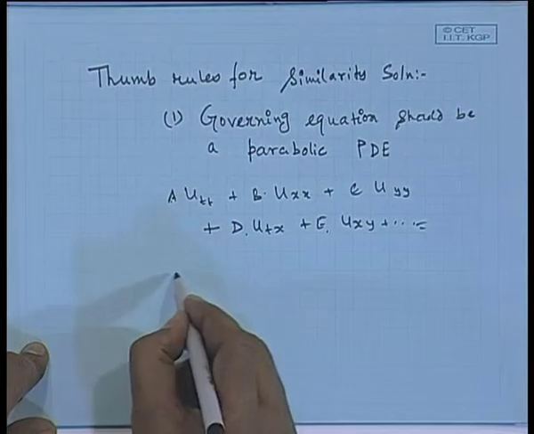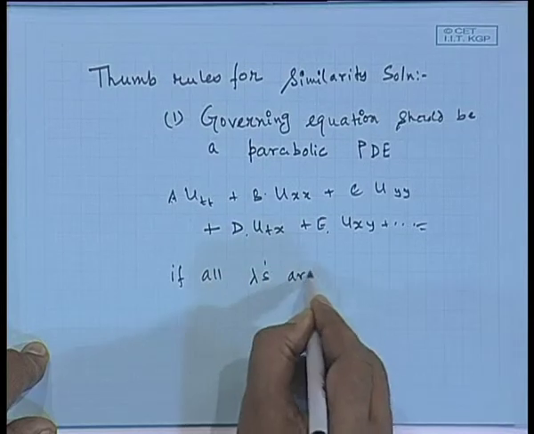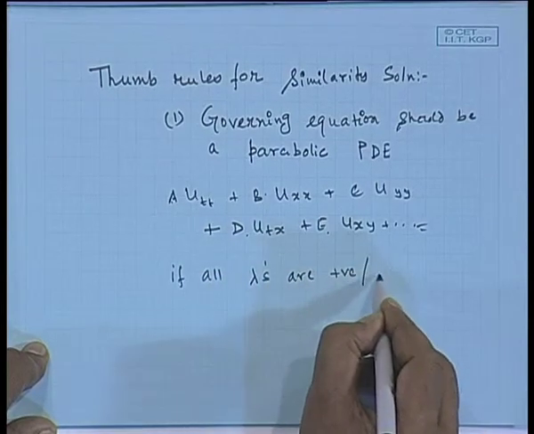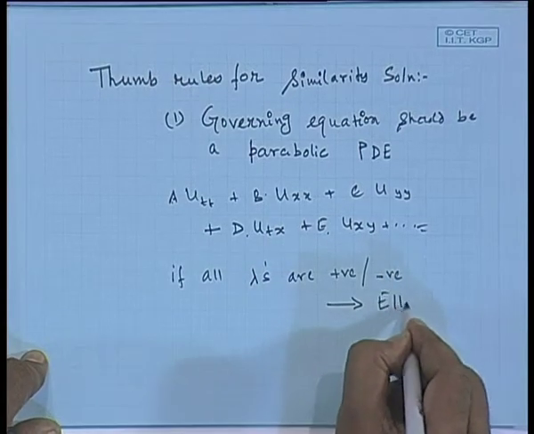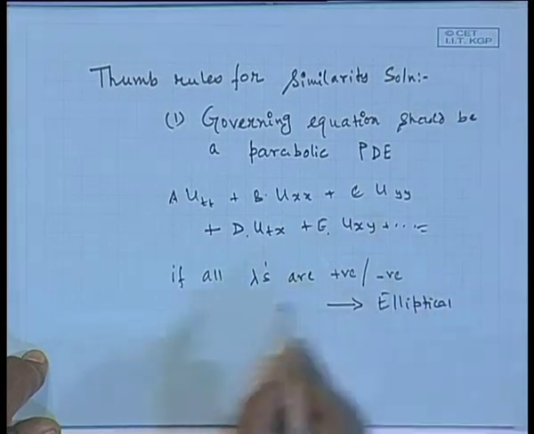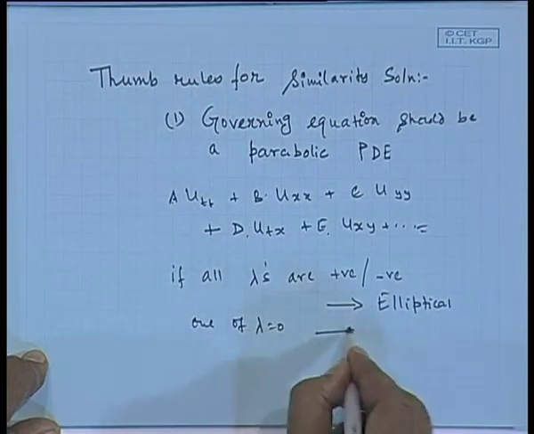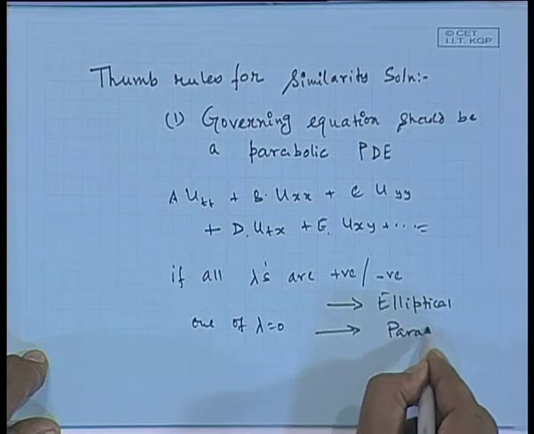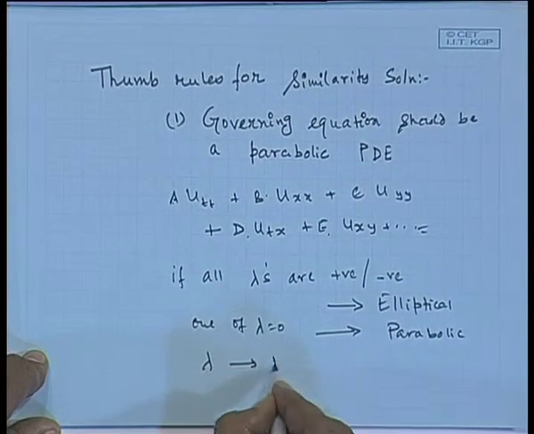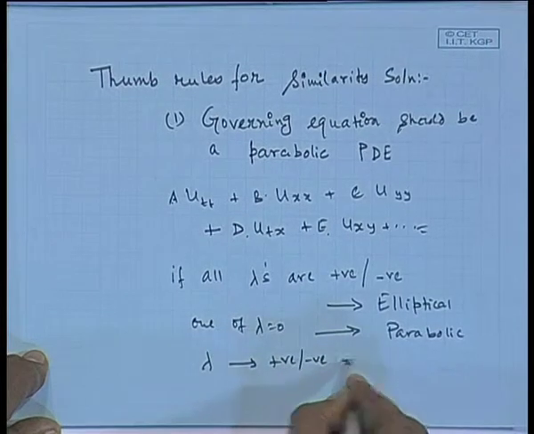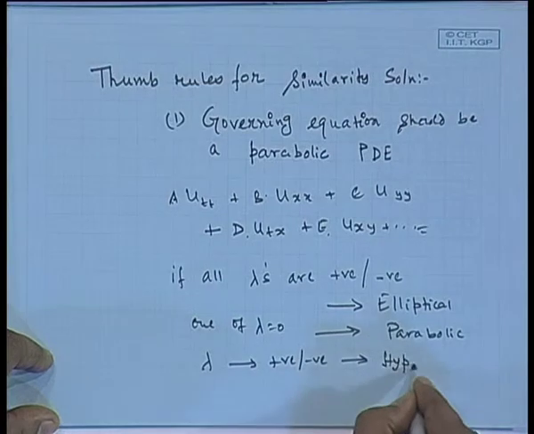Then if all lambdas are positive or all are negative, meaning they are of the same sign, then it is elliptic. If one of the lambdas is equal to 0, then it is parabolic. And if some of them are positive and one of them is negative, then it is a hyperbolic partial differential equation.